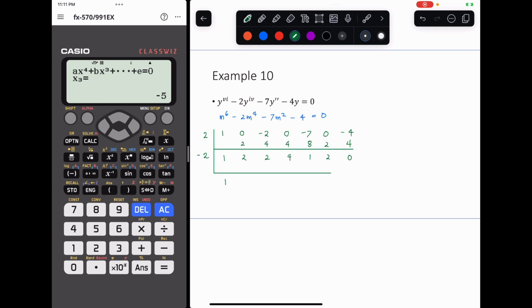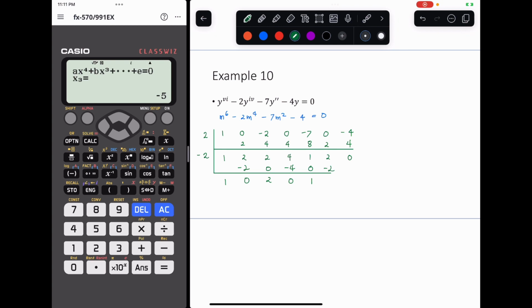So 1, negative 2, negative 2, 0, 0, positive 2, negative 4, 0, 0, so 1, negative 2. Okay.